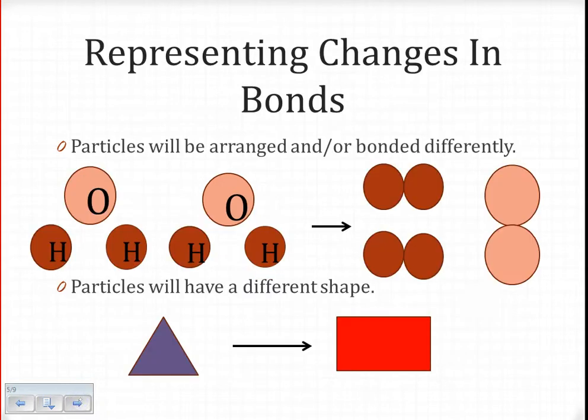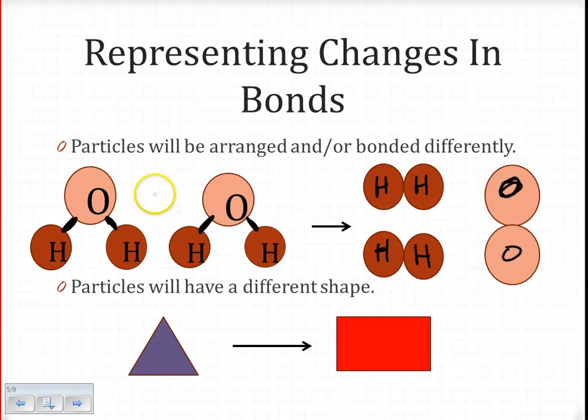And so if we're going to talk about those changes, here we go. I'm going to draw the bonds in water here. What may happen is when we react water with stuff, I know that sounds weird, but we can run electricity through water. When we run electricity through water, we rearrange the atoms that make up the molecules.